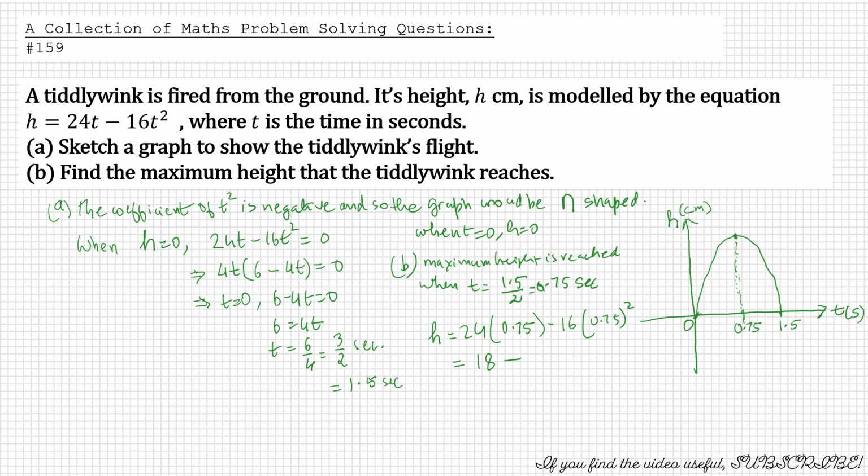So that equals 9 centimeters. That's the maximum height the tiddlywink reaches. So that would be 9 centimeters. I think we've done whatever the question asked us to do. Yes, that's right.